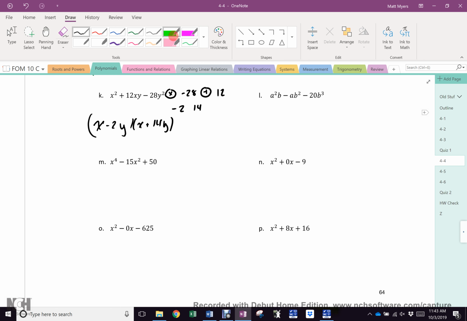In L, I of course see a squared at the beginning. Oh, I know what to do when there's an a squared at the beginning. But I see a b cubed at the end. Well, I know what to do when it's a squared at the end. So what could I do? Of course, what you will do is you will notice b, which is a common factor, yes?